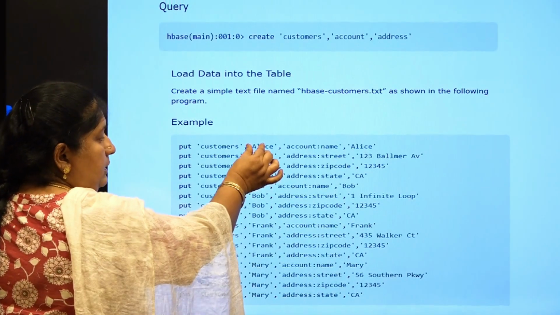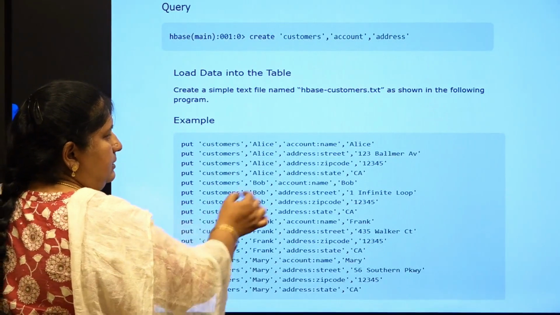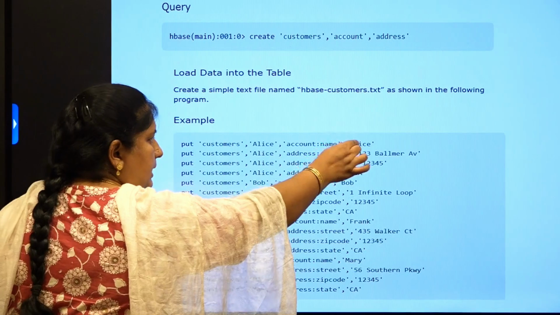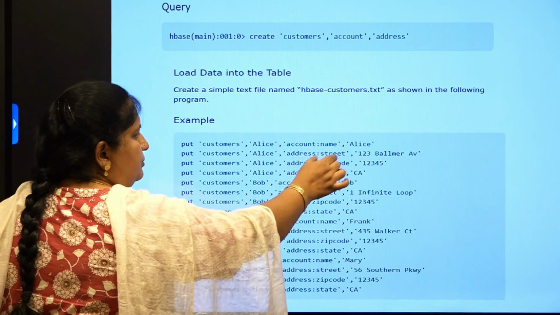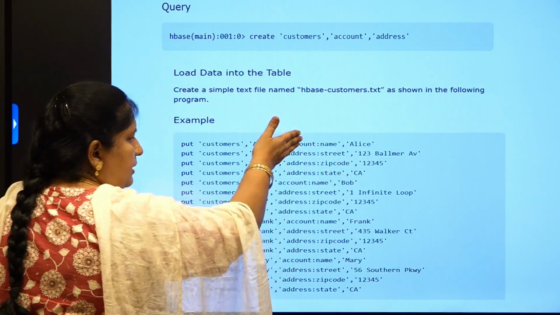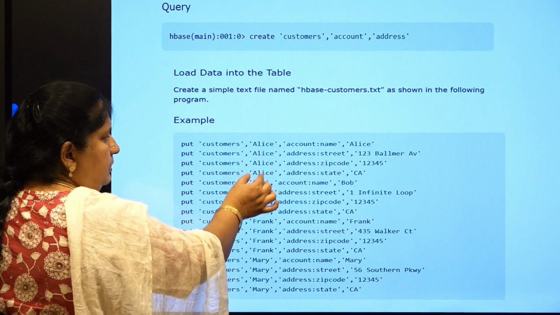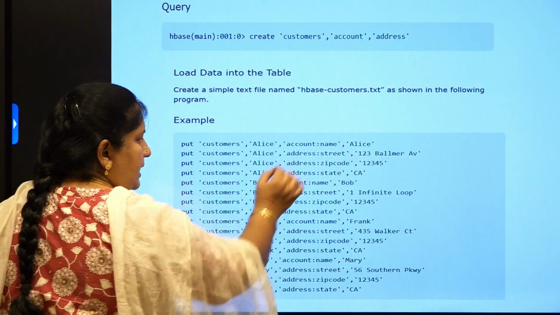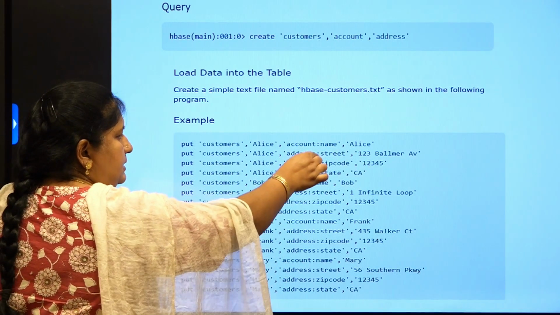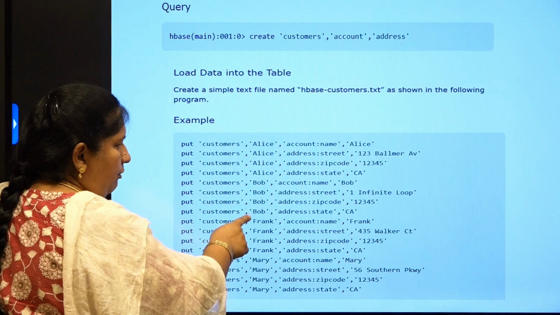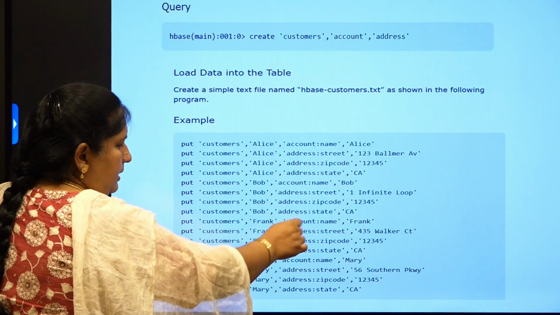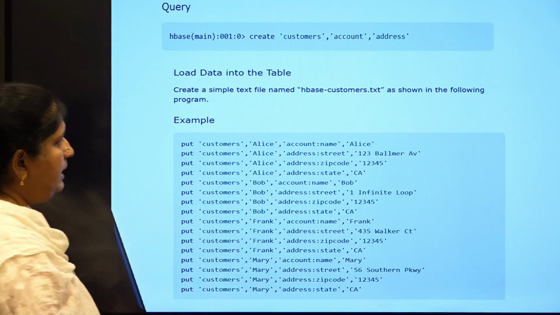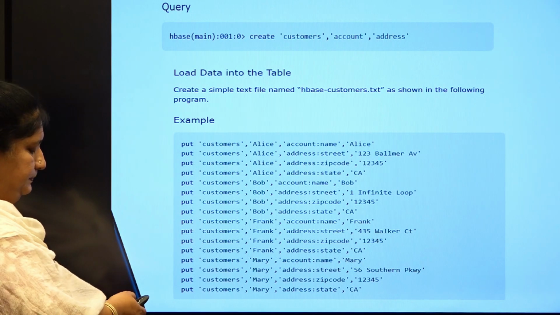If you remember, the row identifier is Alice, account name is Alice, account street, this is the address. So we are going for the rows wherein the person's customer name is Alice, and this is the address of Alice. Bob address, Frank address, Mary address. Likewise, we are trying to store the data.